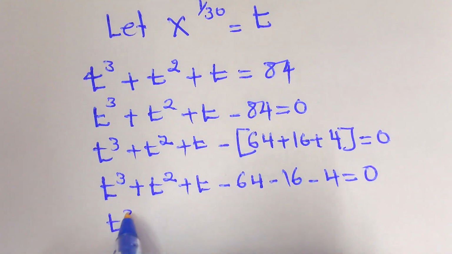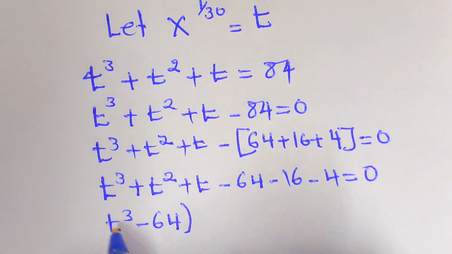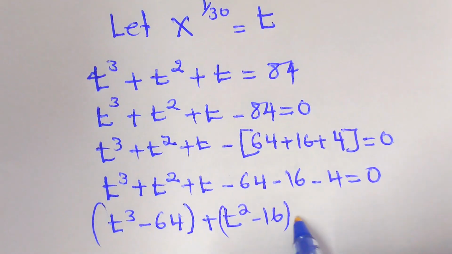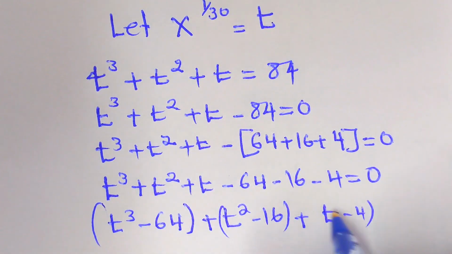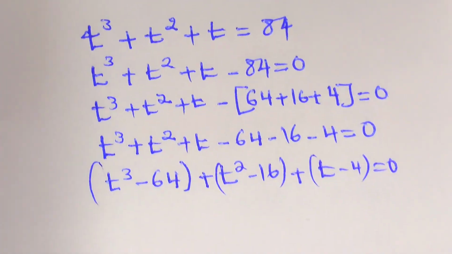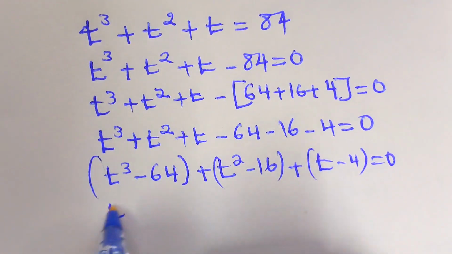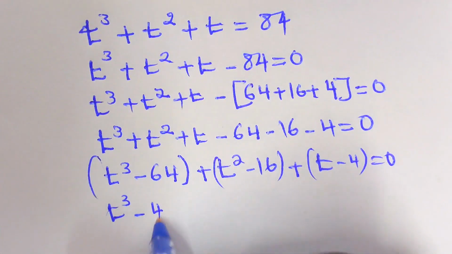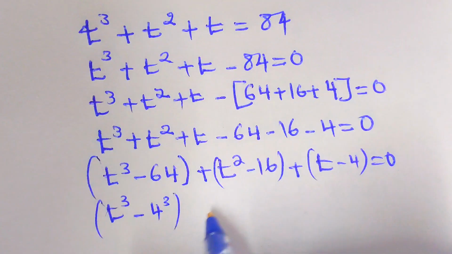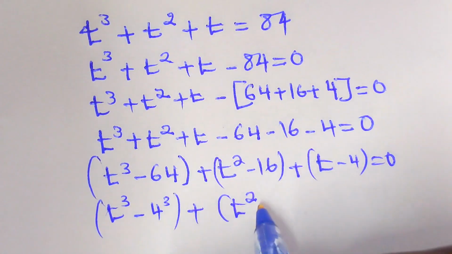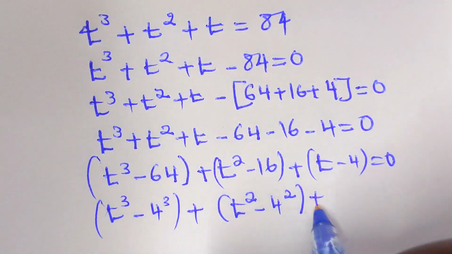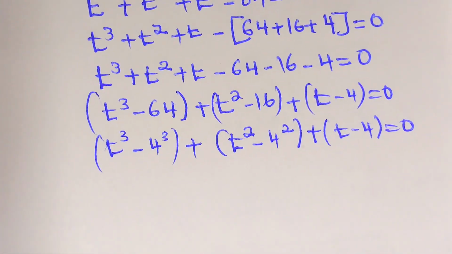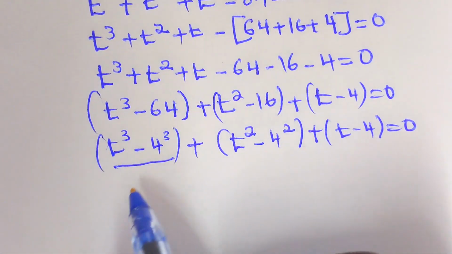Then (t^3 - 64) + (t^2 - 16) + (t - 4) = 0. At this stage, 64 can be written as 4^3, so t^3 - 4^3 + t^2 - 4^2 + t - 4 = 0.